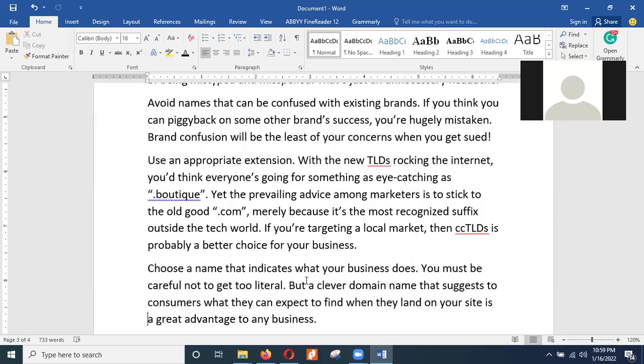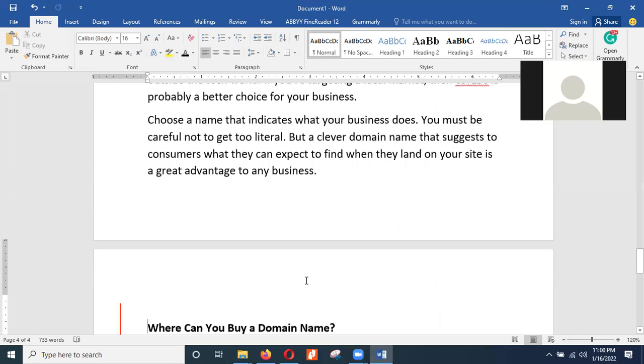When you say .org, it means an organization. When you say .net, it means it's a network. When you say .gov, it means what? A government. So choose a domain name that tells people about the business, so it makes people know, if I'm visiting this domain, this is what I'm expecting.